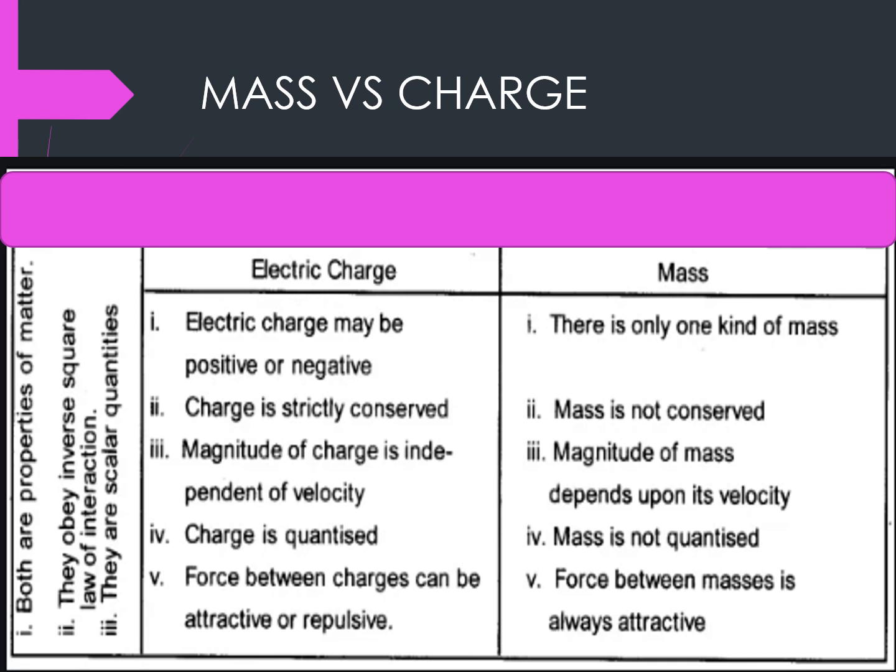Now, if a mass has a velocity which is comparable with the velocity of light, then the mass will vary. So only if the velocity is near to the velocity of light will the mass vary with velocity.